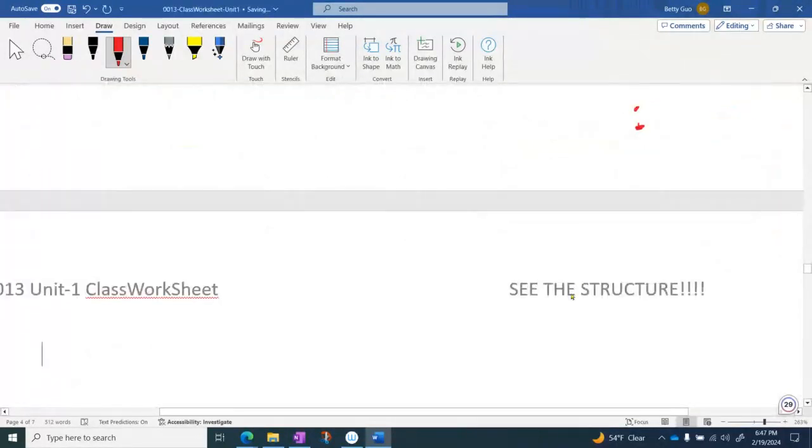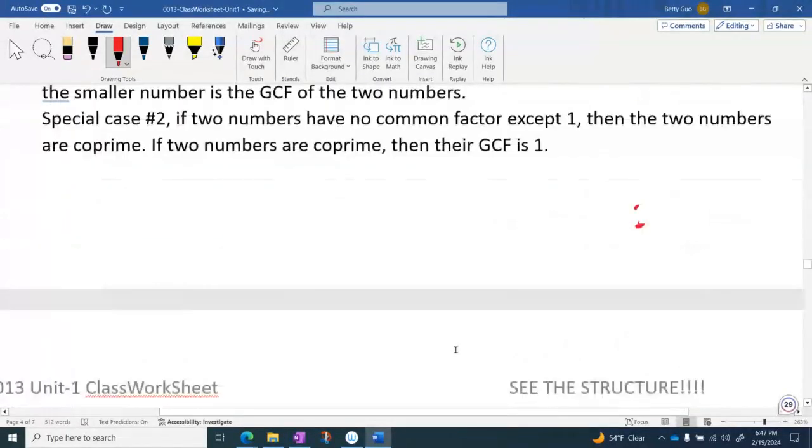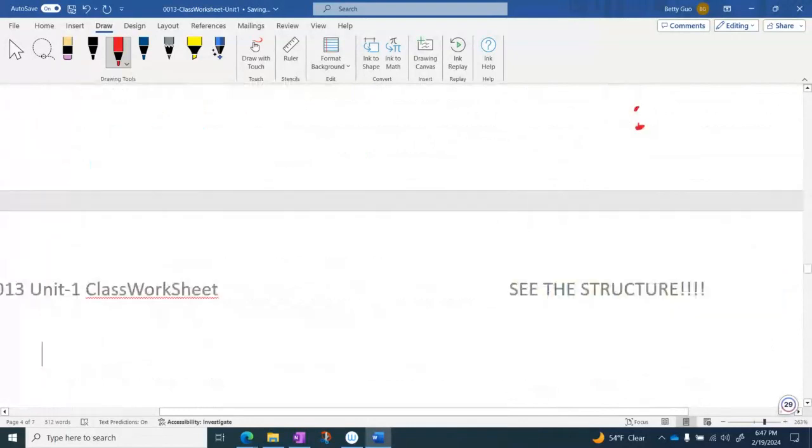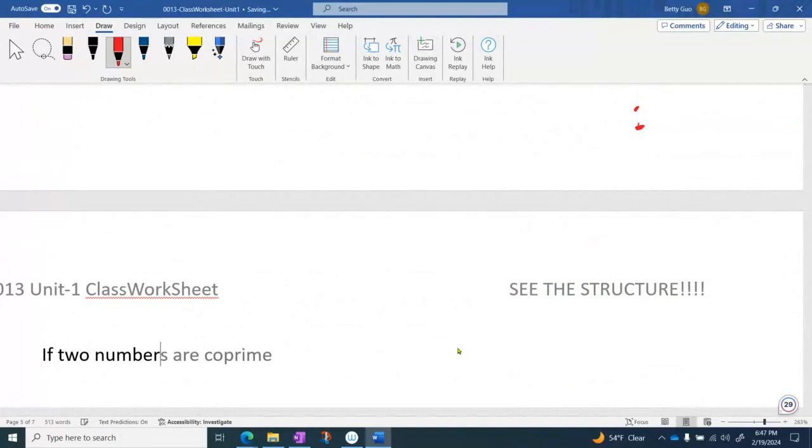A common mistake. I want to clarify that if two numbers are both prime, then they are coprime.